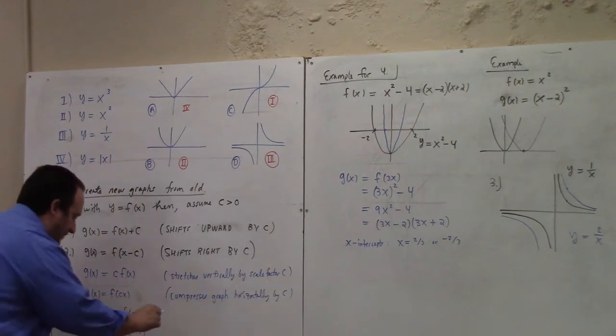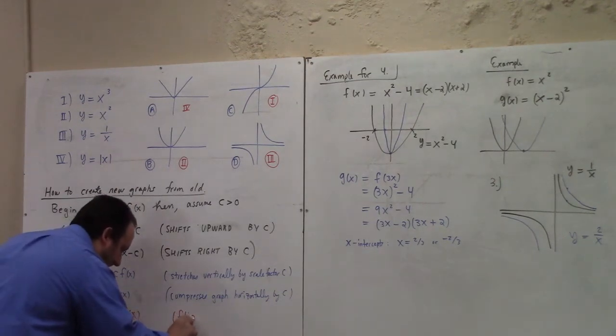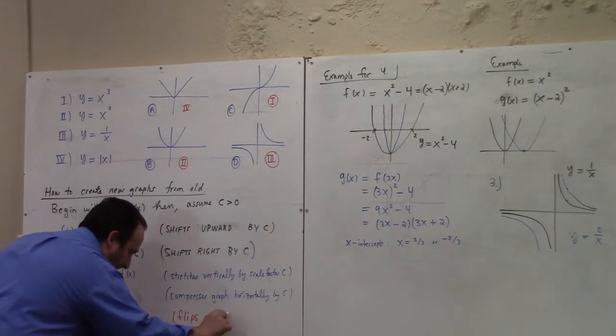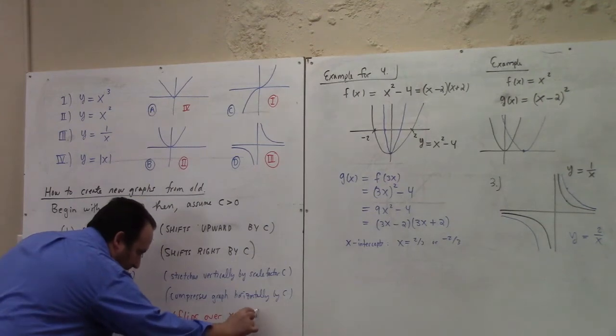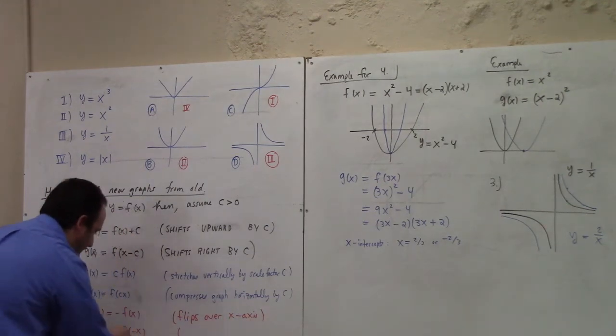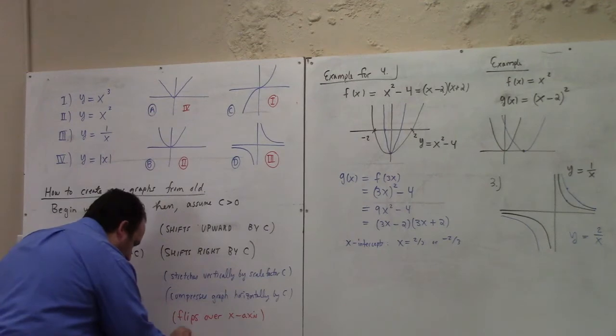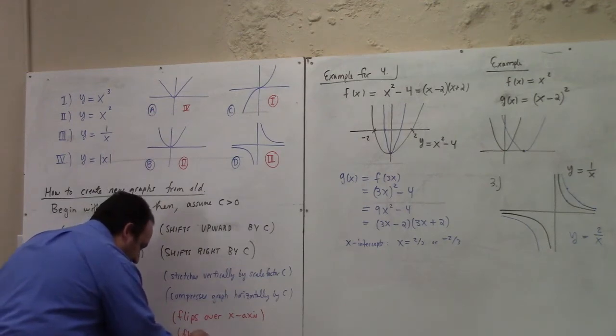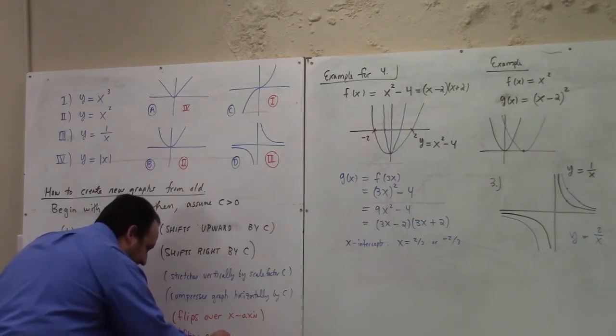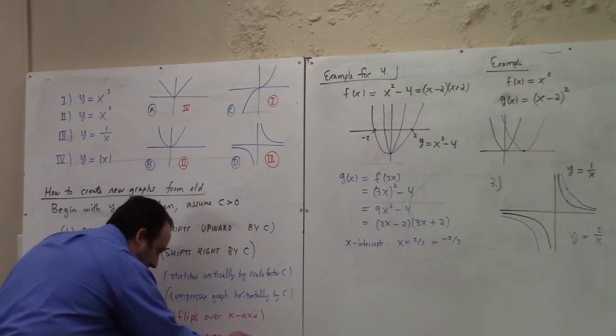And replacing x with minus x in the argument flips it over the y-axis, right? And that will quickly take us back to the ideas of even and odd functions, right?